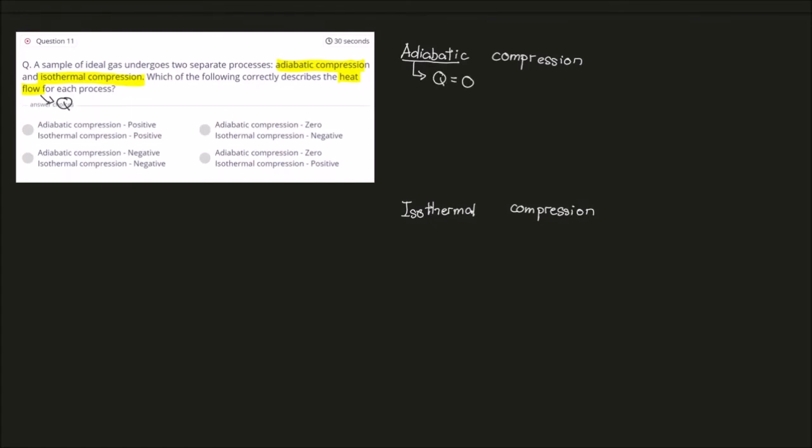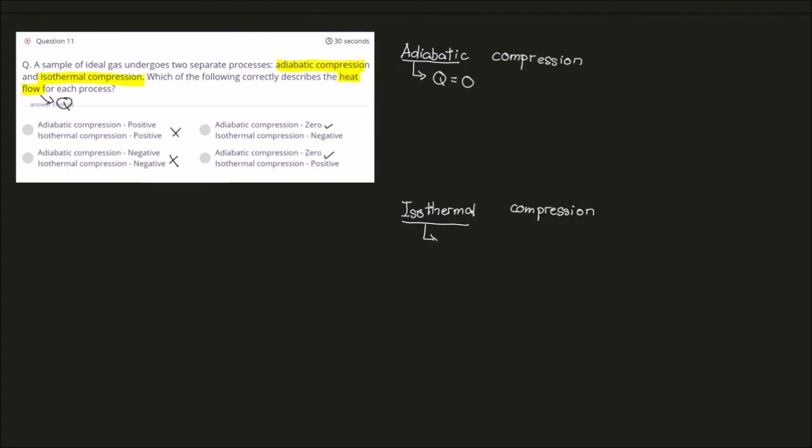So this should be very straightforward. You can straightaway know that the answer will be correct for this and this, and wrong for this and this, because adiabatic itself means no heat flow. So the heat flow should be equal to 0. Very direct. So the next thing, which is isothermal compression.